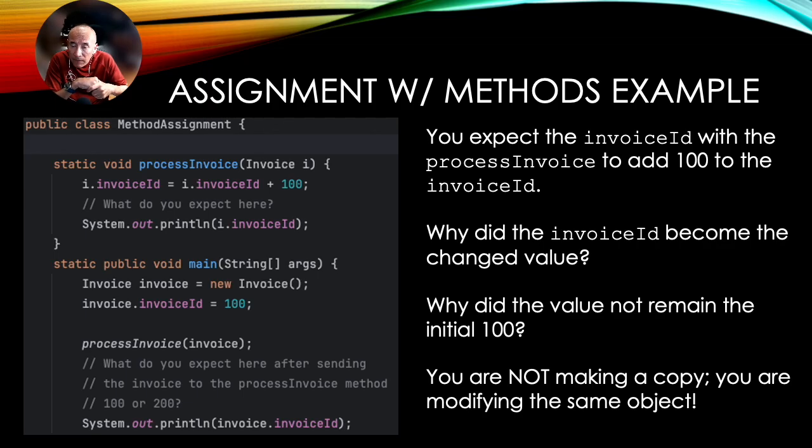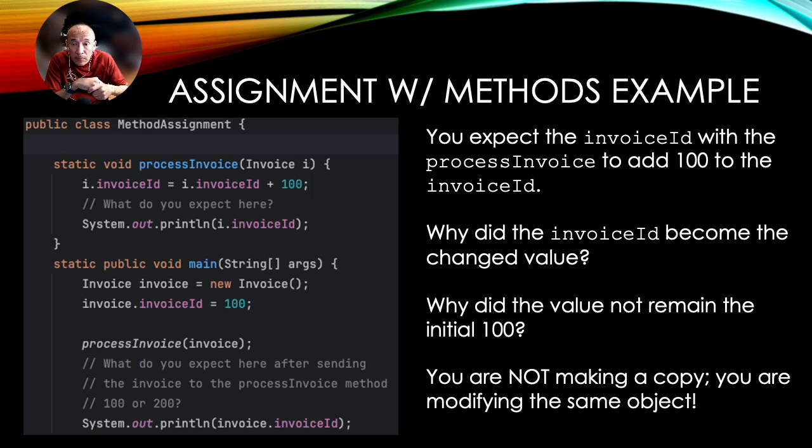But what happens after you process the invoice? Does the invoice ID remain 100 or is it 200? Well, the answer is it's 200, because when you pass in the class instance to a method and it changes the field values inside of that method, then when it comes back out, it remains changed.